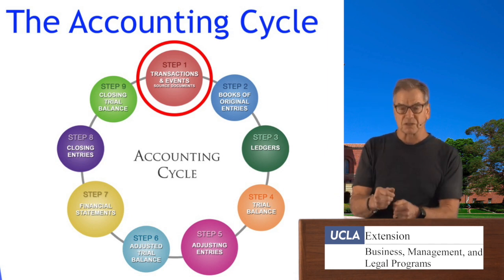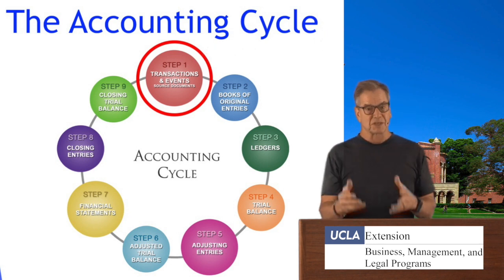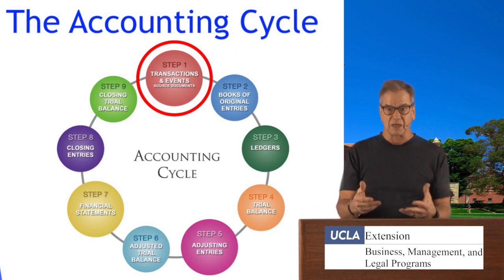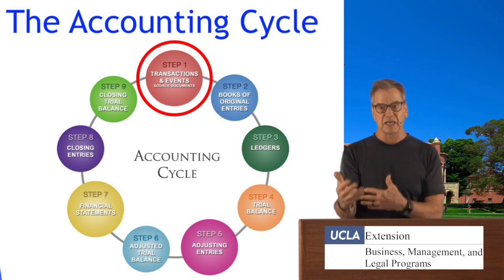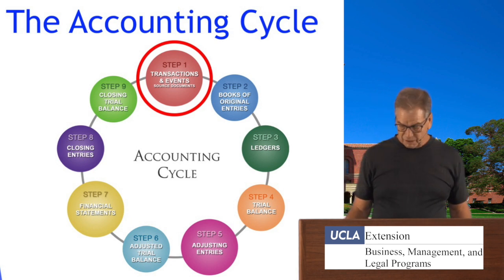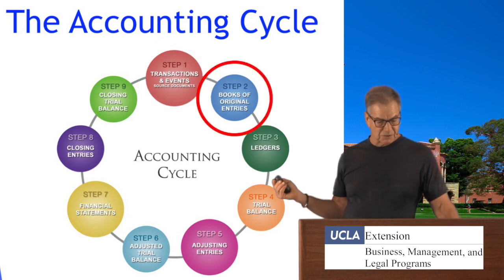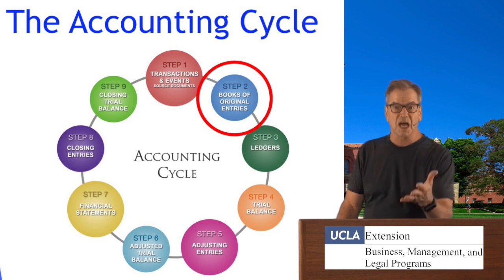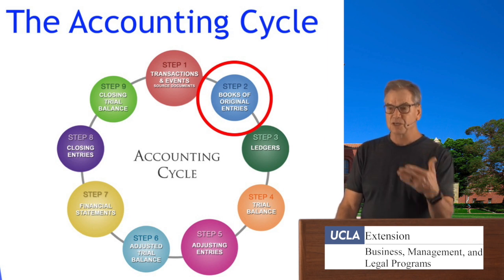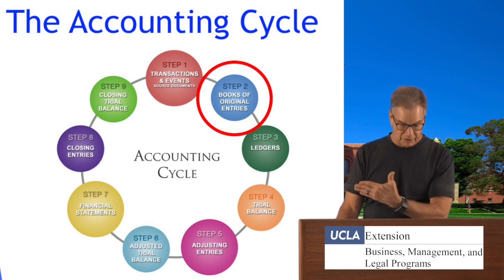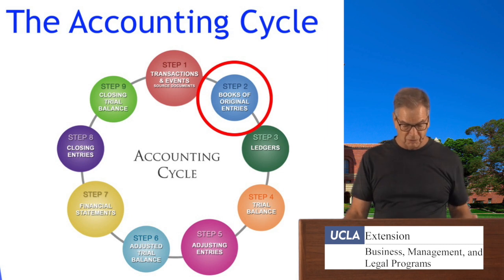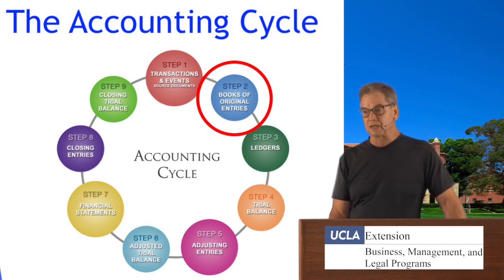There's a transaction. You just bought something, or you received money. Something financially happened. So the next step is that the transaction, the documentation, the receipt, winds up in what we call books of original entry.